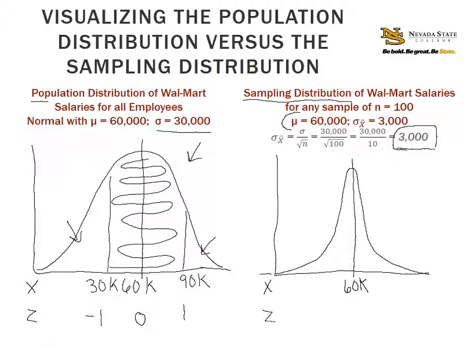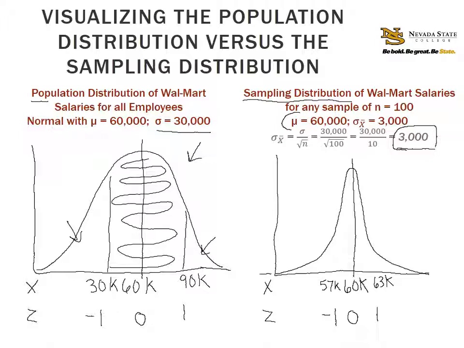We still have our z-scores though. The z-score for the sample mean is still 0 because 60,000 is 0 standard errors away from 60,000. And if we go z-score of 1 and z-score of -1, 60,000 plus 3,000 is 63,000. So this would be 63K. And 60,000 minus the standard error of 3,000 is 57,000.